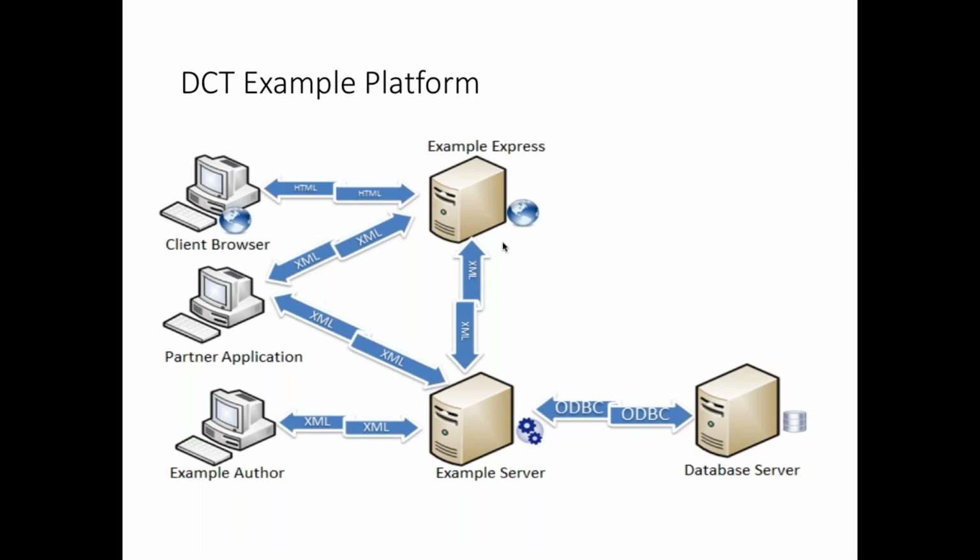It has only one role, which is to convert whatever format it gets into XML. So it converts all the HTML to XML and gives all the inputs to Example Server.